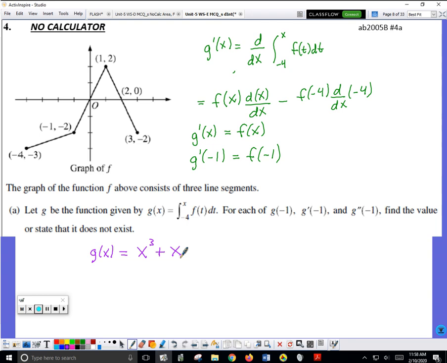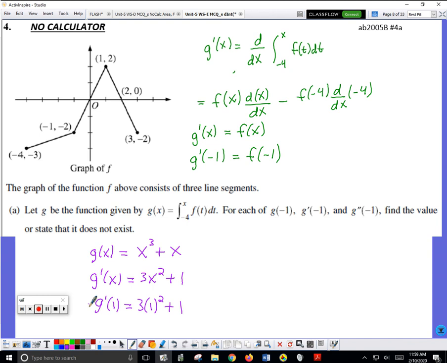You would have found the derivative first. So you'd find the formula, g prime of x. And then you'd say, okay, therefore g prime when x is equal to 1, now you plug in the 1. So you always apply the rules first, then plug in the number.